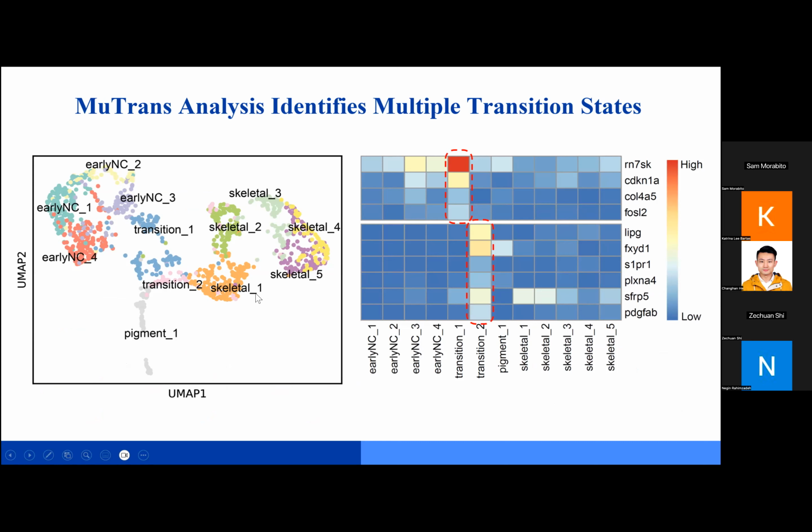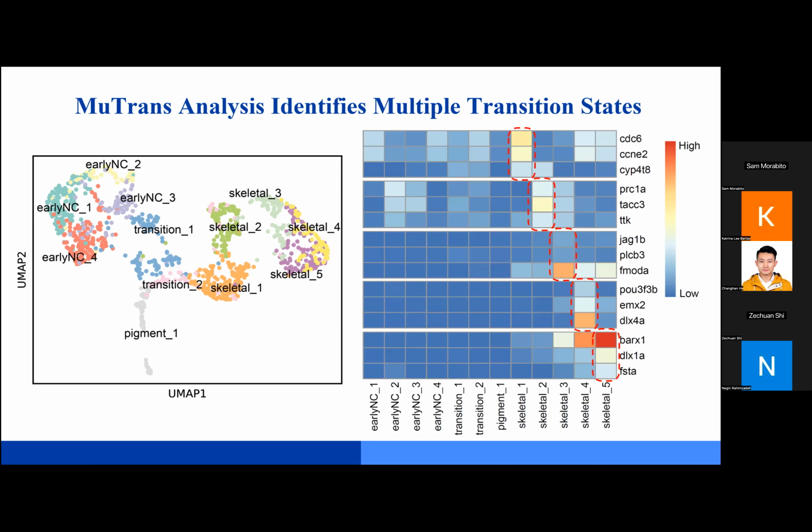To confirm that, we found several marker genes to mark these two transition groups. And for these 5 skeletal subgroups, we also found very interesting marker genes to separate these subgroups.